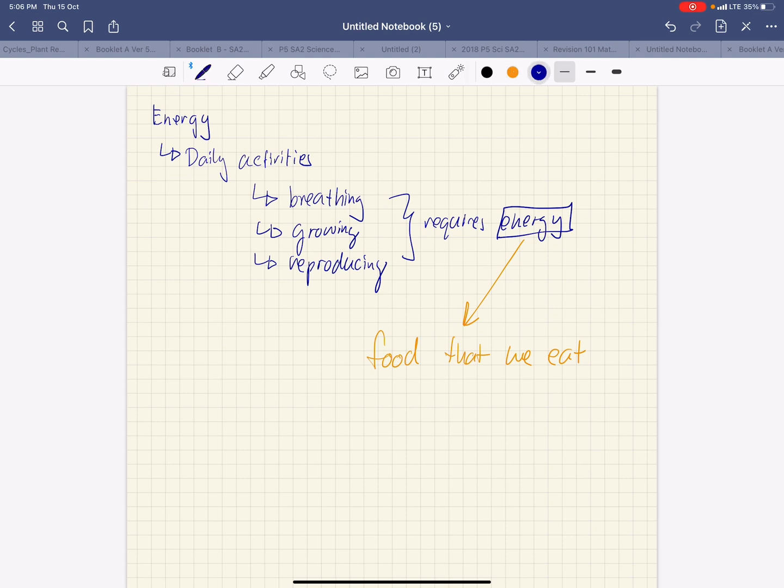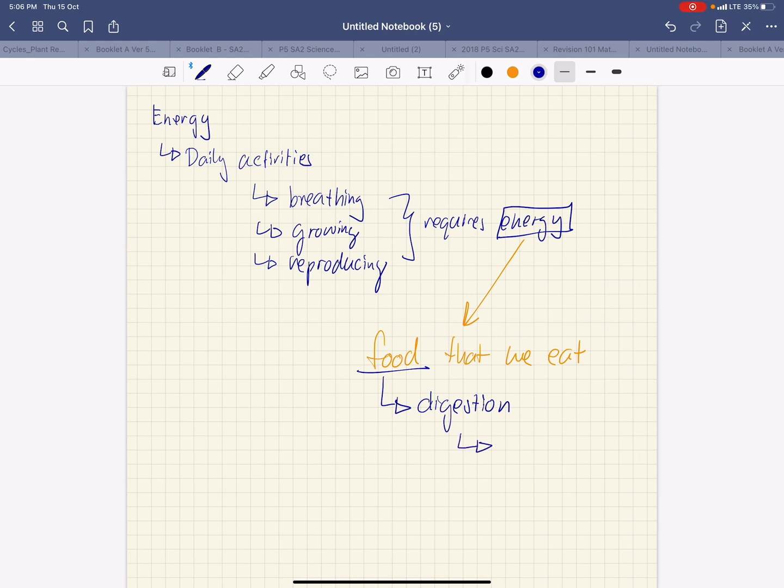There is a process that it needs to undergo, and that is digestion. What digestion does is break up the large particles of food that we have taken in into very, very small dissolvable sizes so that they can be absorbed into our bloodstream.